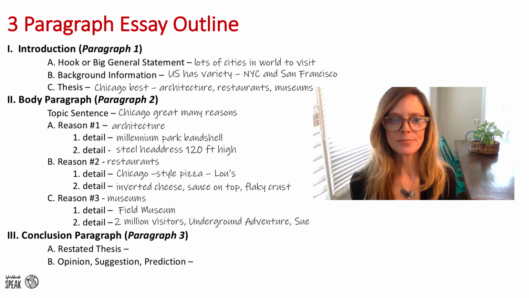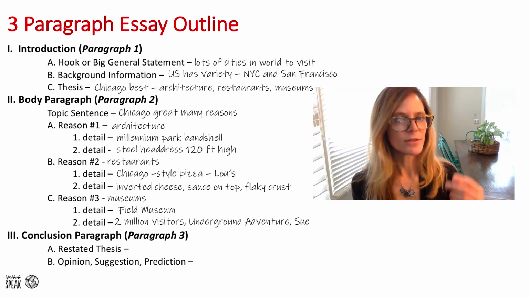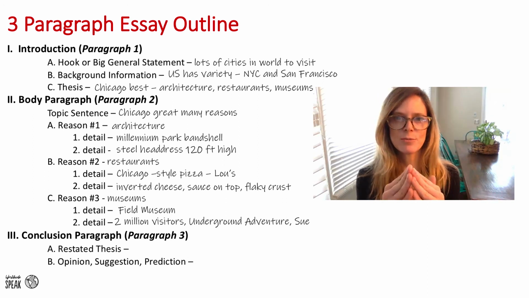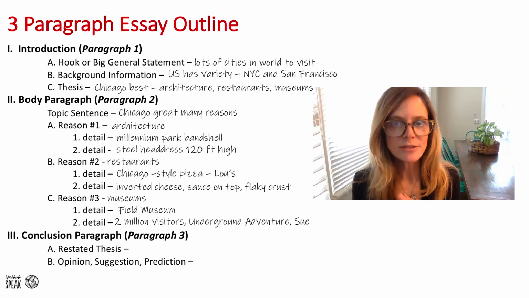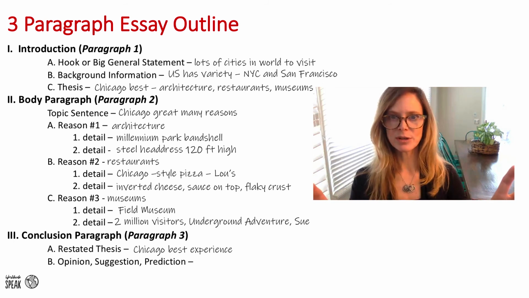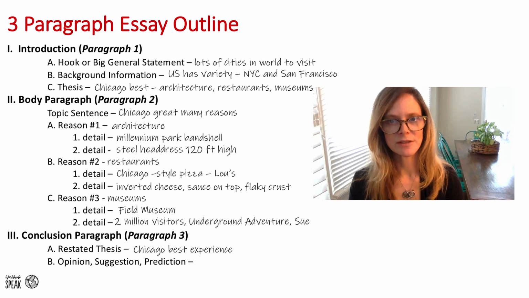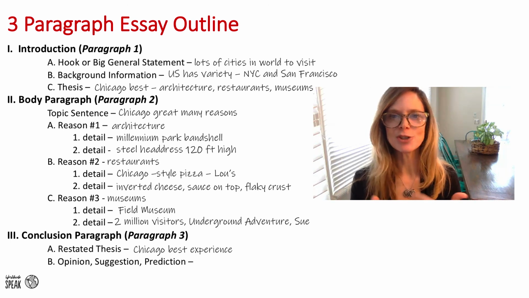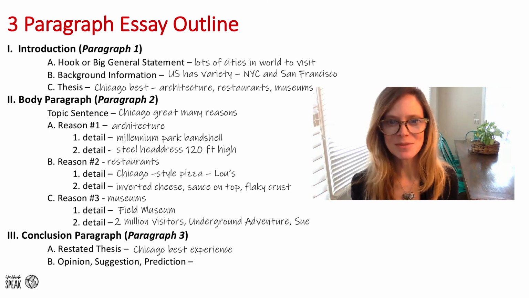And lastly, we're going to talk about the conclusion paragraph. Now, the first sentence of your conclusion paragraph is the specific one, and it's a restated thesis. So I'm going to talk about Chicago again and how it's the best experience. I'm not going to say it the same way as my thesis because that would be kind of boring and repetitive, but I'll probably switch the order of the sentence and use different words or synonyms.